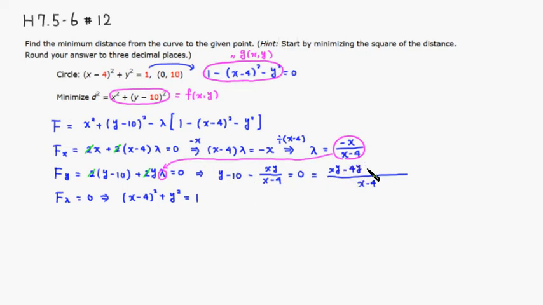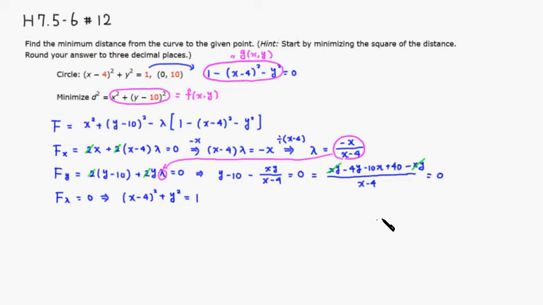And negative 10 times x is negative 10x. Negative 10 times negative 4 is positive 40. Then we are subtracting xy, so we can cancel xy minus xy. Then we want to set this equal to 0.